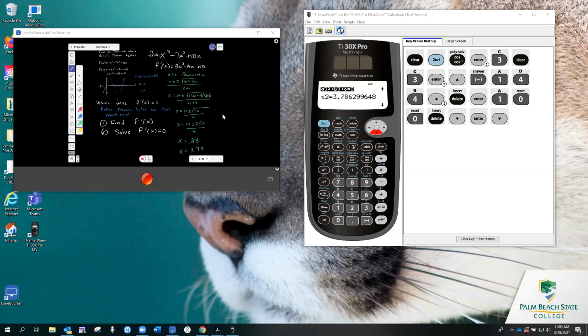Notice what I'm talking about here: the x value. When I find x is equal to 0.88 and 0.375, if you look back to what a couple of you said in the chat, and I think it was Nicholas that was going through, this is 0.88. You are close with 1. Over here, this value is 3.79, but it gives us that exact value where the derivative of the function is equal to 0.